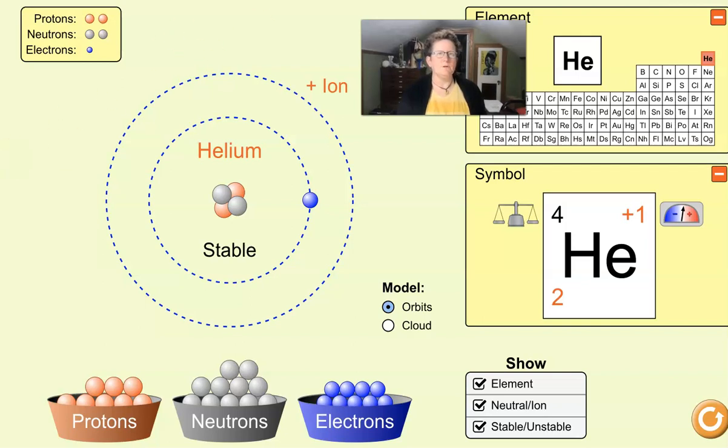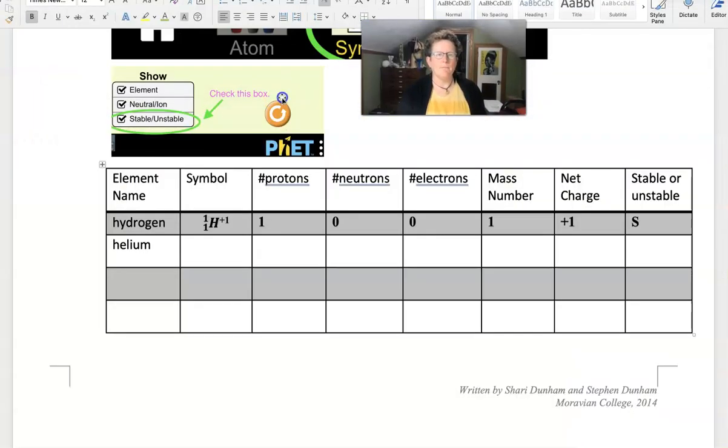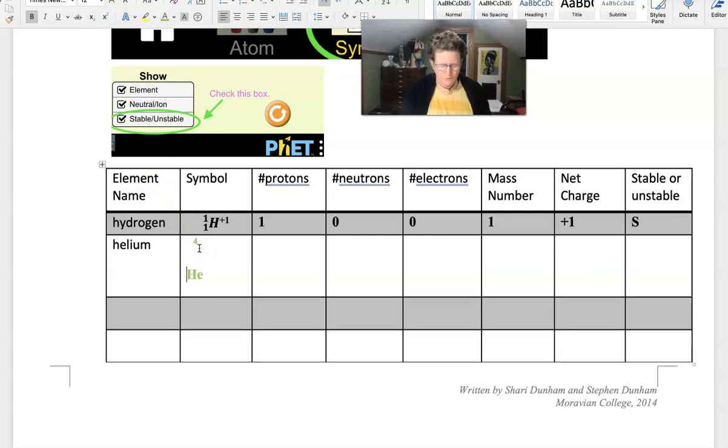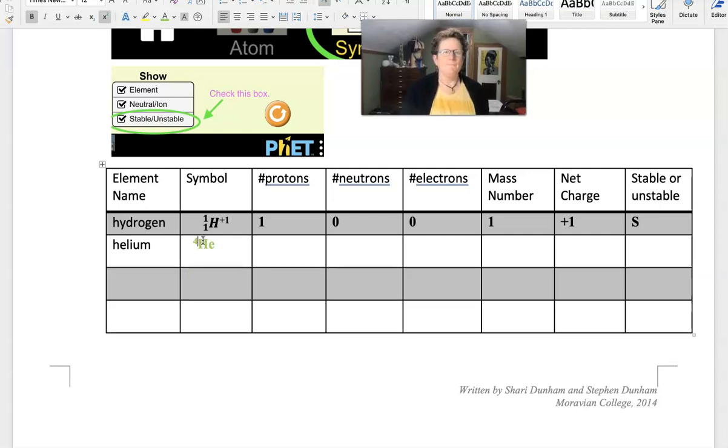So let's go back to our chart here and type in helium. We have 4 at the top, so I'm going to superscript that in Word. And we have 2 at the bottom, and I can't, oh, I don't want that superscripted, I want it subscripted.